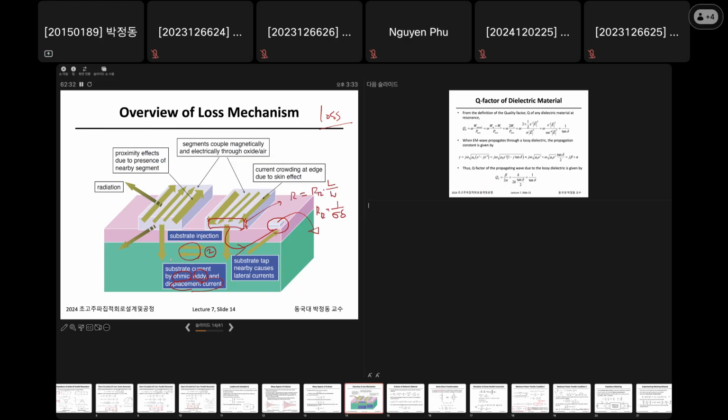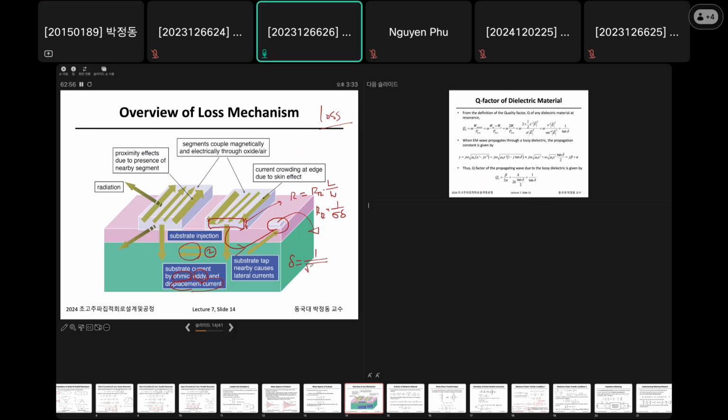Kevin, do you remember the expression for the skin depth? What is the equation for the skin depth? Yes, Professor.